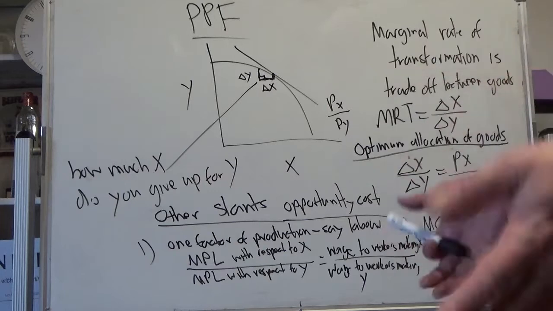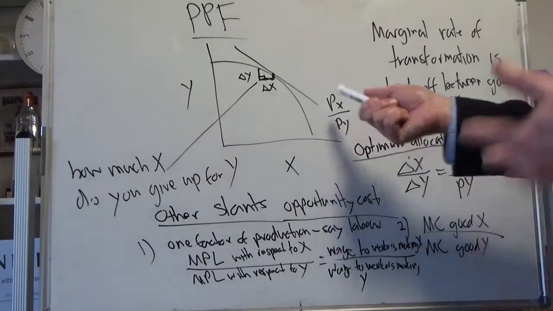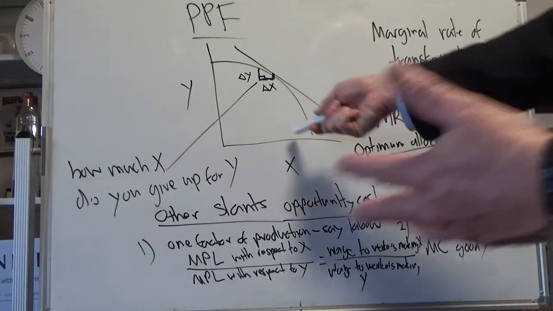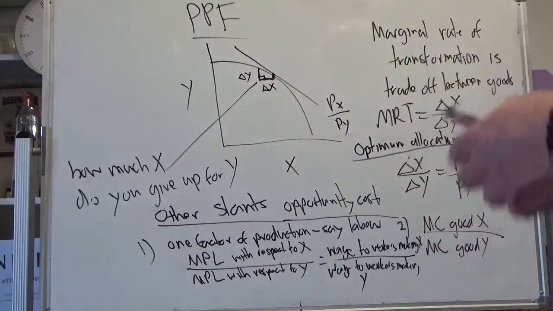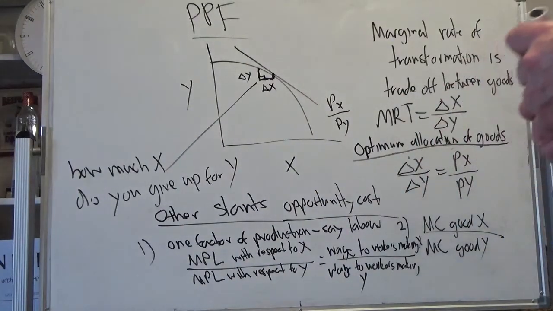That's kind of like our budget, given our limited resources. We have to pay money for these goods at the product price. So that straight line is our budget constraint.